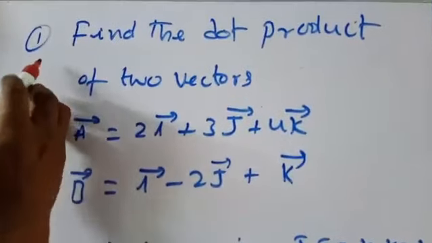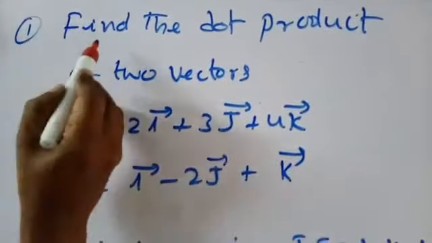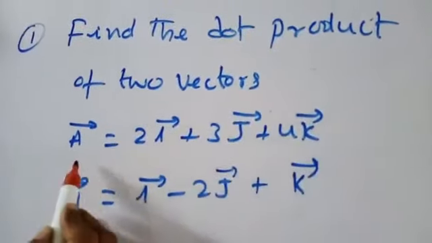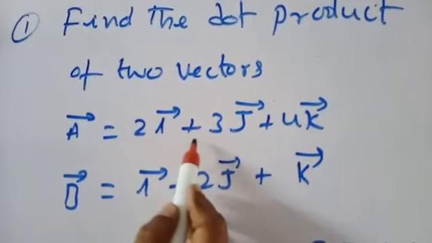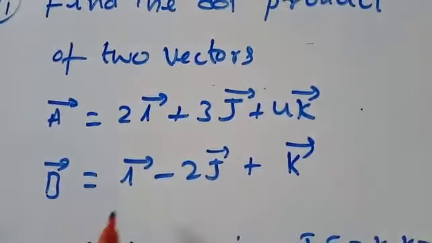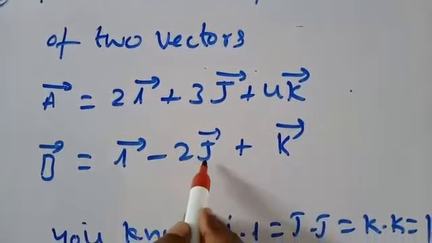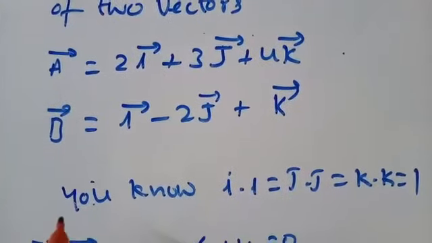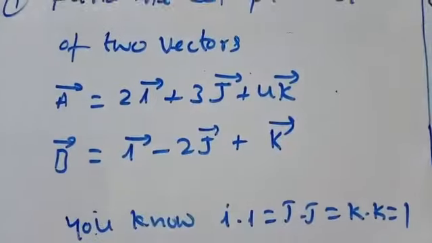Some problems. The first problem: find the dot product of two vectors A bar equals 2I bar plus 3J bar plus 4K bar, and B bar equals I bar minus 2J bar plus K bar. Solve this problem using the dot product.